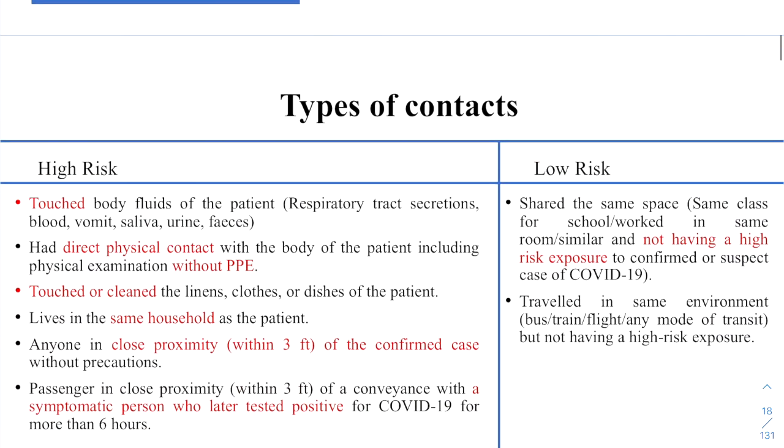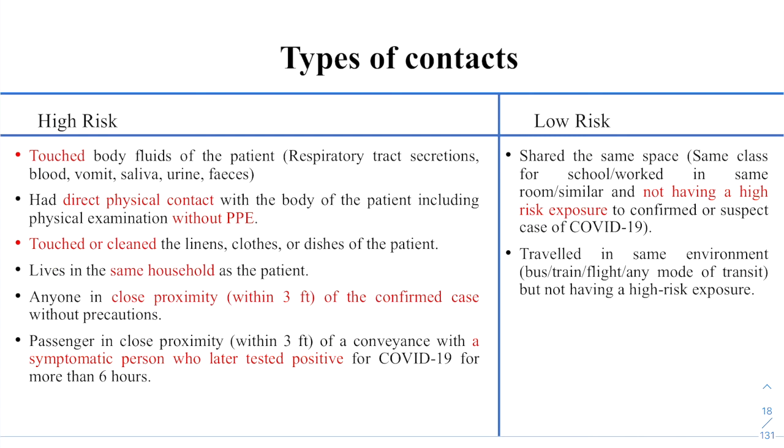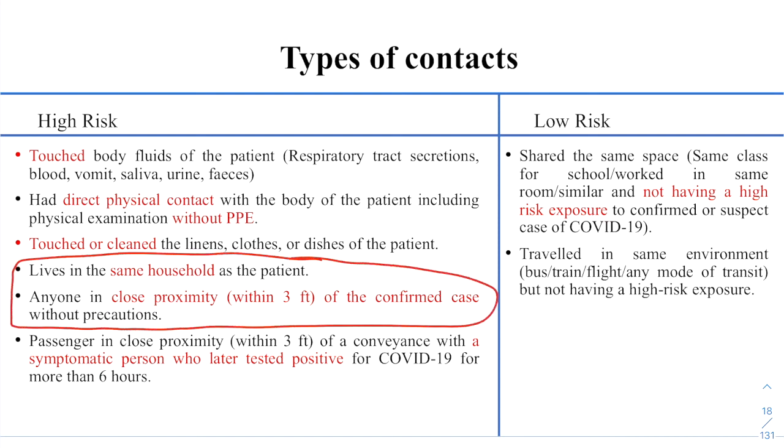Okay, so also you should know that there are two types of contacts of COVID-19. One is a high risk contact, one is a low risk contact. Usually the high risk contacts are those who live in the same household, and anyone who is in close proximity of the confirmed case, less than 3 feet distance, but also passengers who are in close proximity for more than 6 hours.